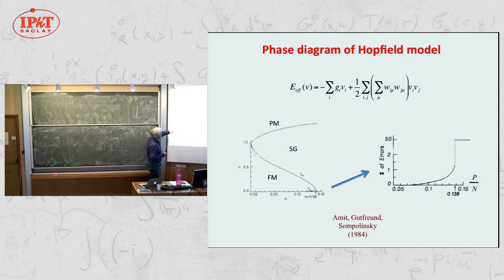This is the phase diagram in the temperature-alpha plane. Temperature is the usual temperature. This is the Hamiltonian, and you can sample from the corresponding Gibbs distribution with temperature T. Each configuration of the v_i's will have probability proportional to exponential of minus E over T. And alpha here is the ratio between the number of patterns, the mu's, and the number of units.